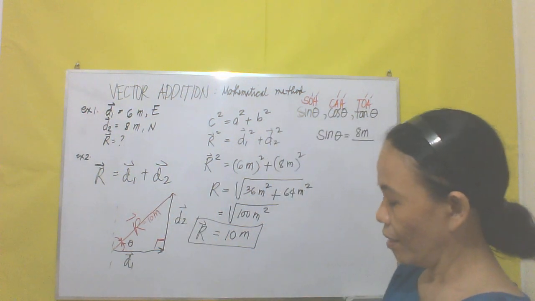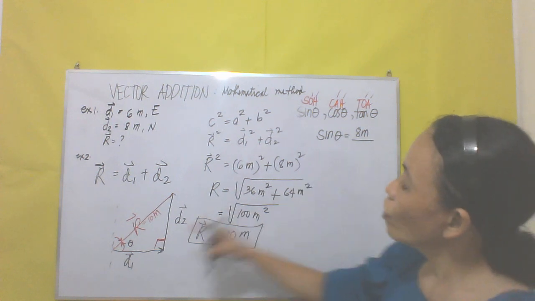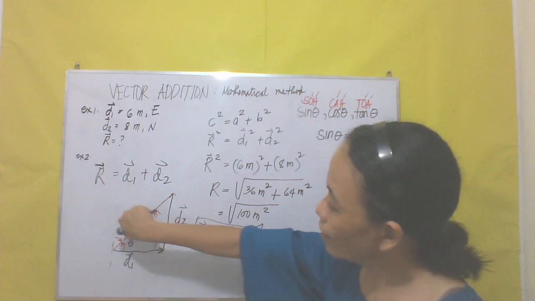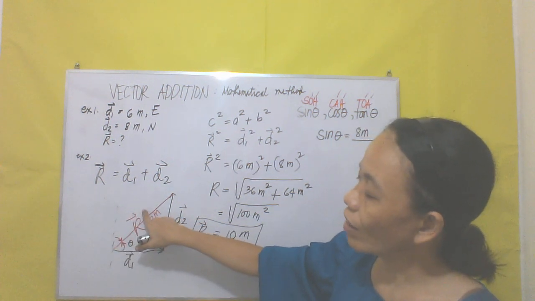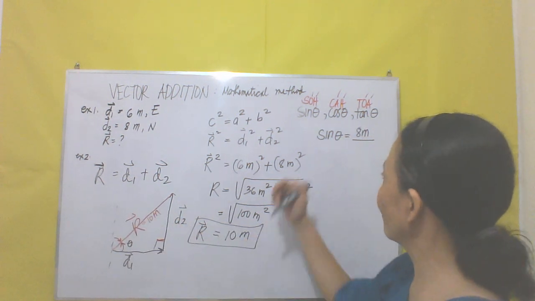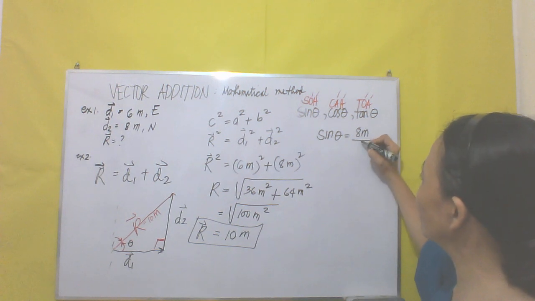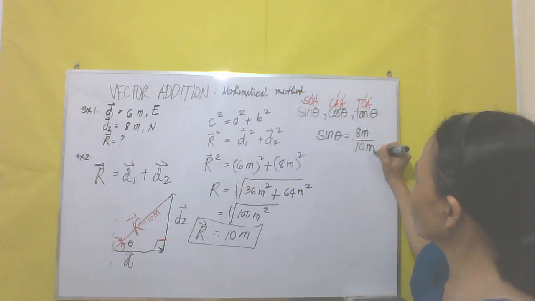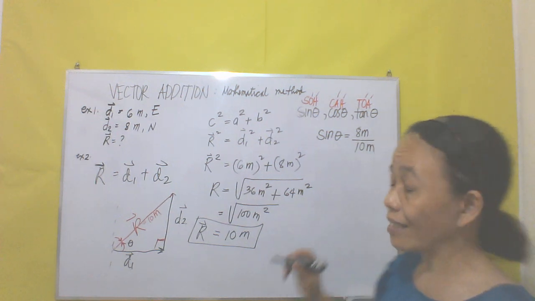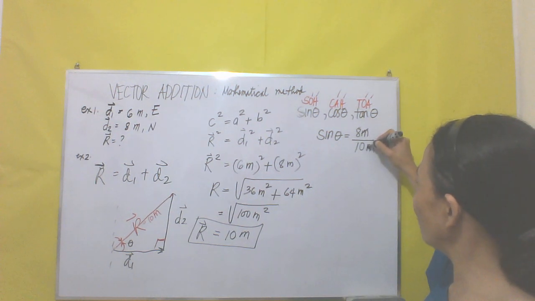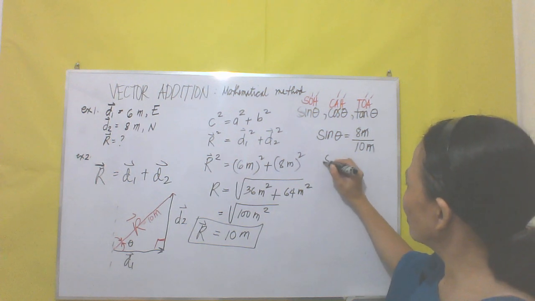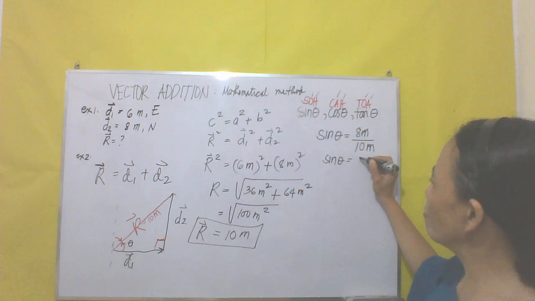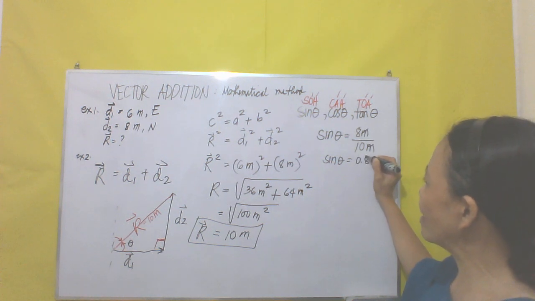So 8 meters divided by 10 meters. Next, cancel the m. So we have sine theta equal to 8 divided by 10, which is 0.8.